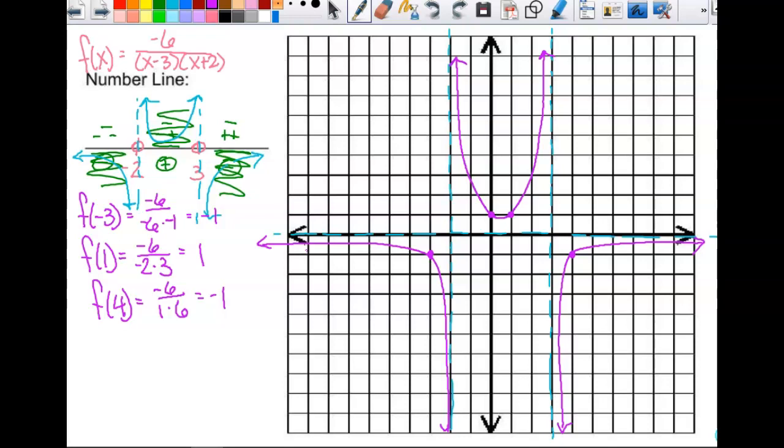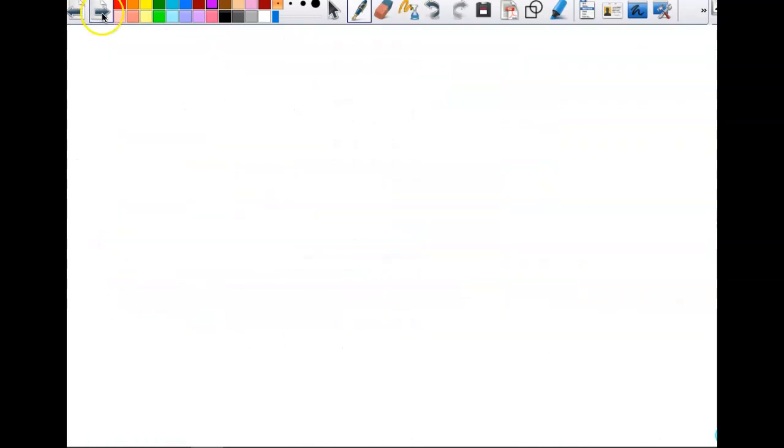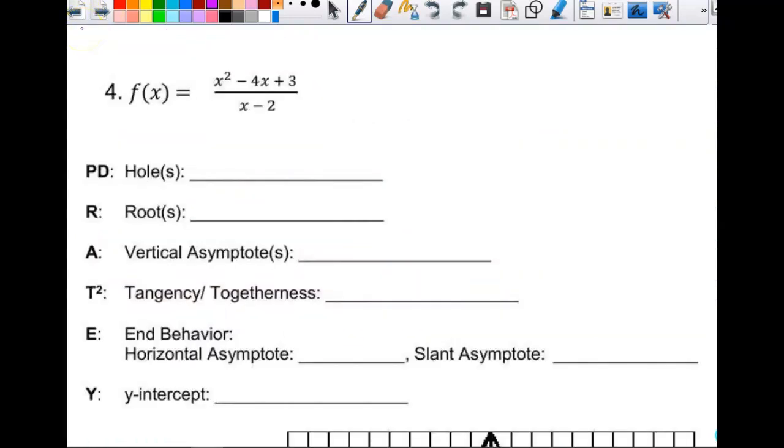All right, so let's look at the last one then. We're going to start by factoring. So we get x minus 1 times x minus 3 over x minus 2. Do I have any point discontinuity?